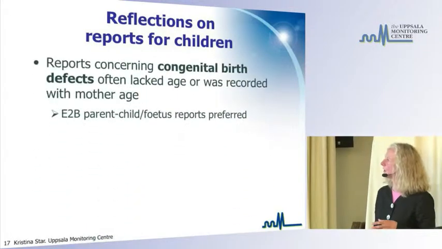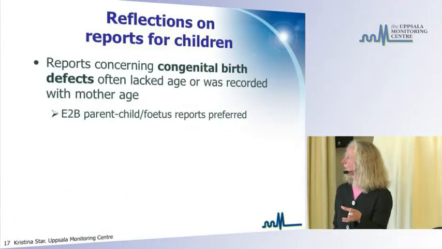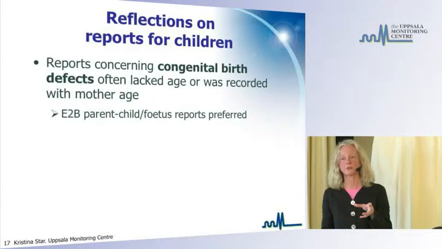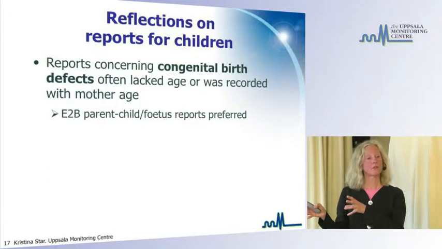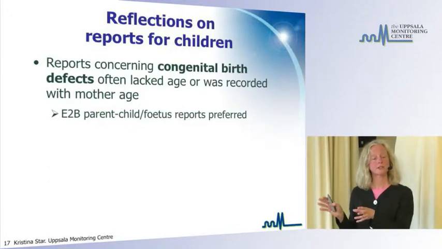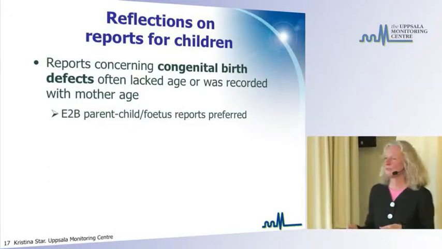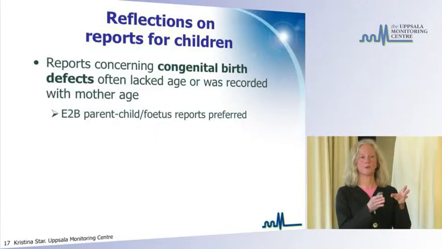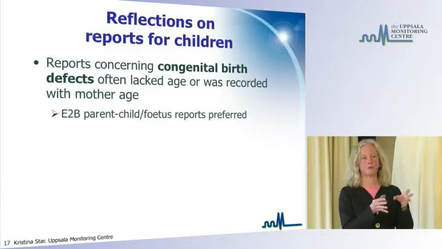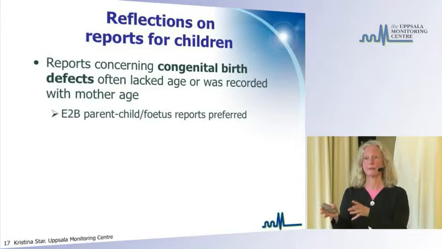We saw that congenital birth defects often lacked age, for example, so they were not captured at all in our study. They lacked age, or they had the age of the mother, so in VigiFlow, for example, you can enter both the age for the mother and for the baby.